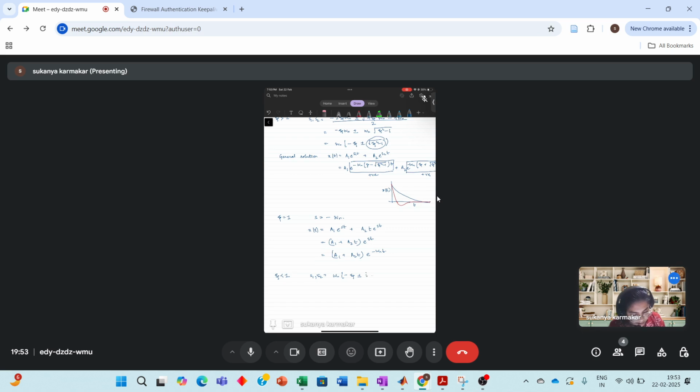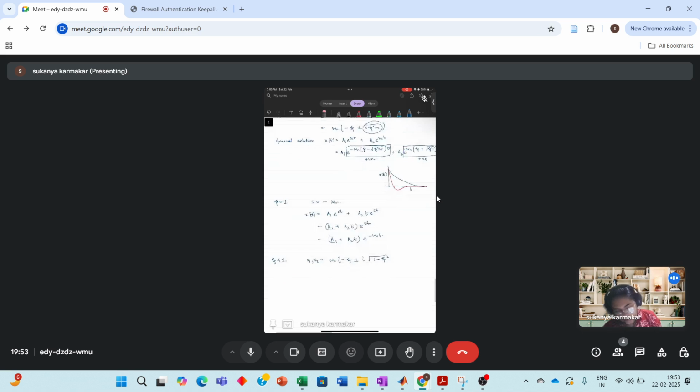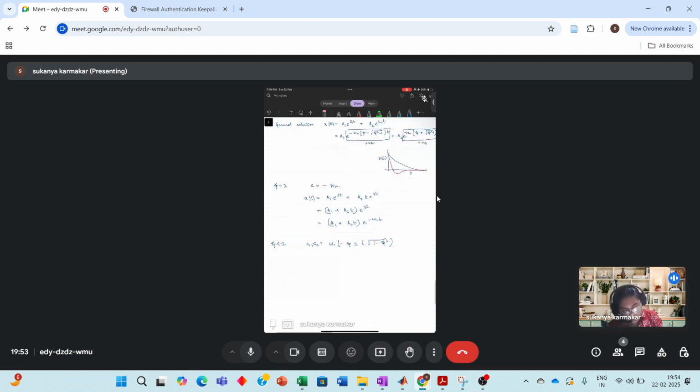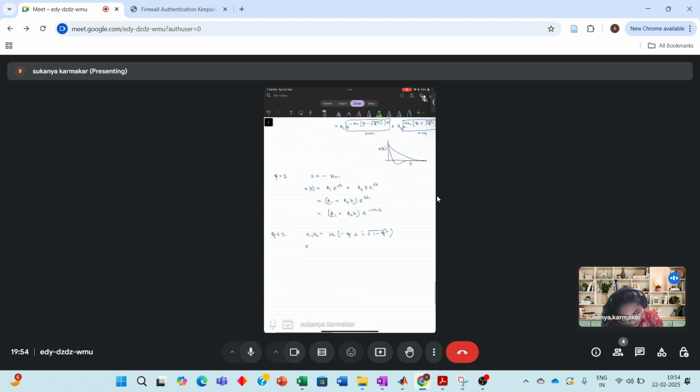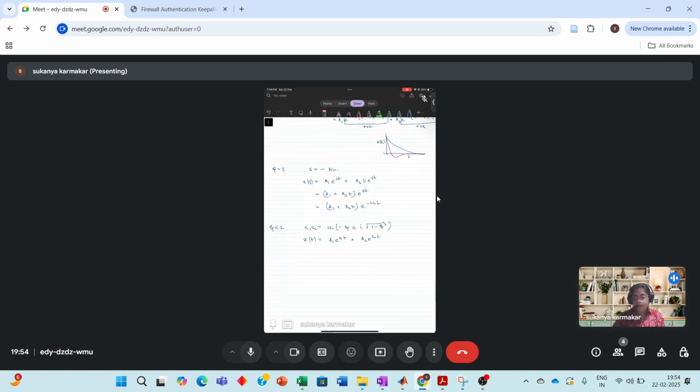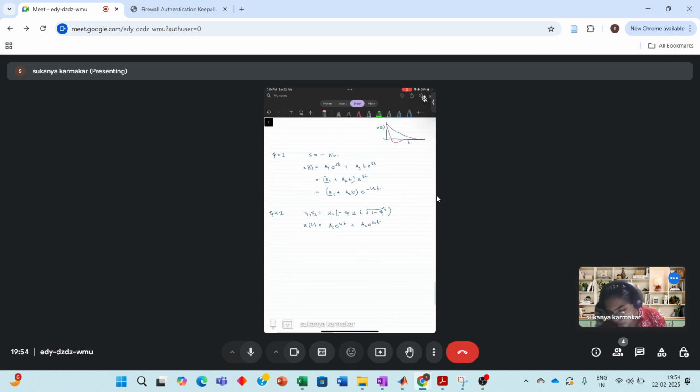So I take it out and flip this inside to 1 minus zeta square, and the roots will be complex conjugates. So what will the general solution be? x of t will again be a1 e to the power s1t plus a2 e to the power s2t.